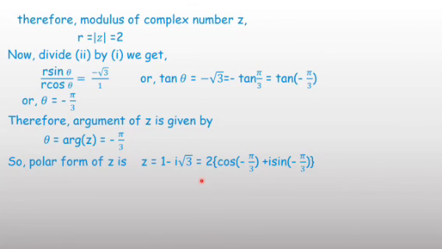Or further simplify, cos of minus theta equal to cos theta means cos pi by 3 and sin of minus theta equal to minus sin theta means minus i sin pi by 3. Means polar form of the complex number is 2 into cos pi by 3 minus i sin pi by 3.